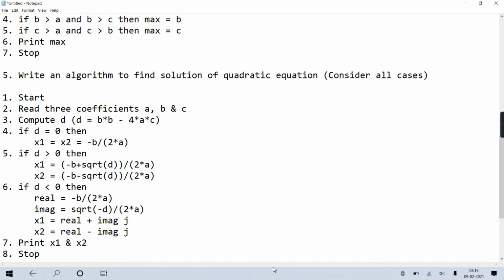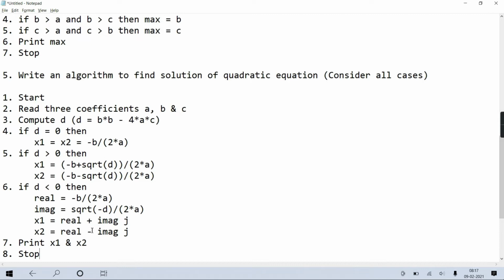Now when you convert this into a program, depending on the language, you will have to use the appropriate facilities which those languages have given. Like if you go for Python, there we have complex numbers as a data type, so we can directly convert it to a complex number.